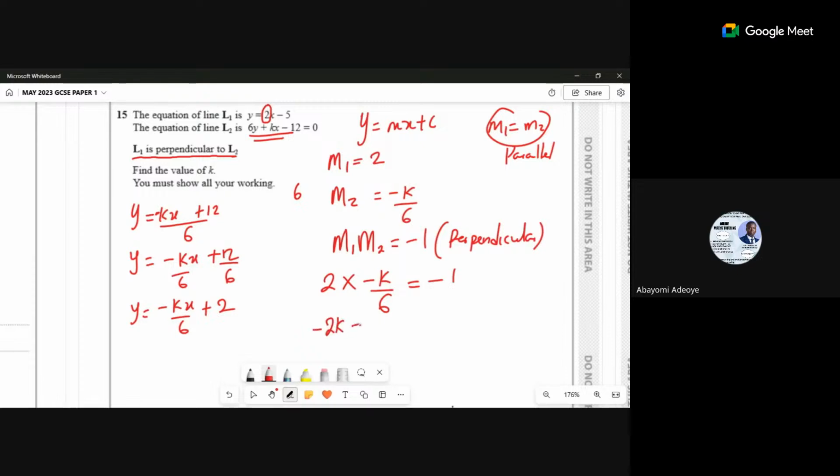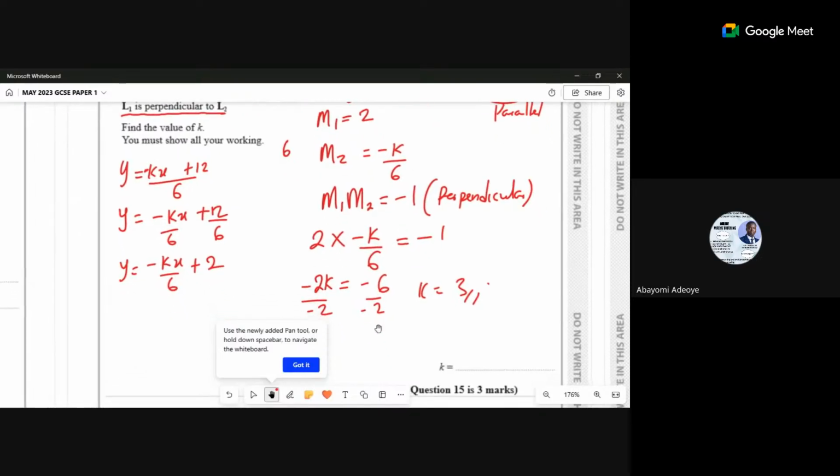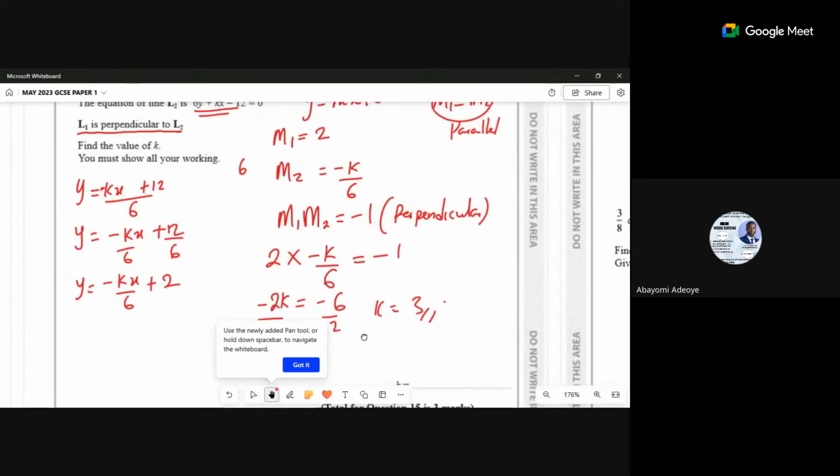Negative 2k equals 6 times negative 1 is negative 6. You get that? So k equals 3. Okay. That okay? All right.